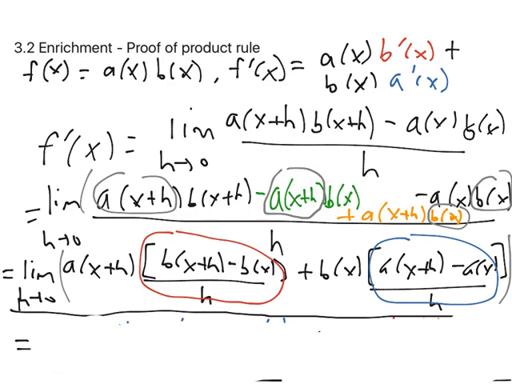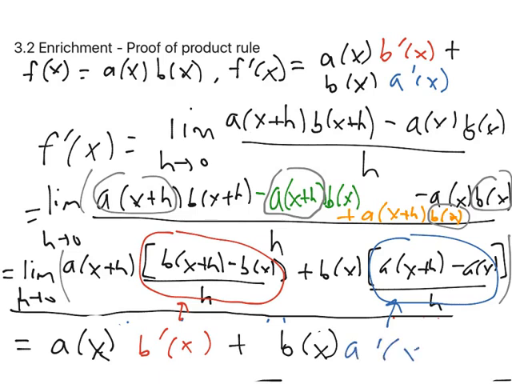So this gives us a of x times that part, which is b prime of x, plus b of x times this part, which is a prime of x. And we have proven the product rule. That's it.